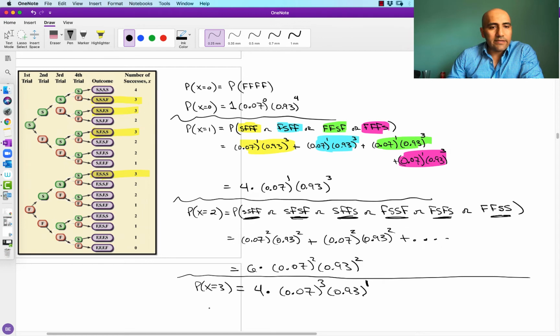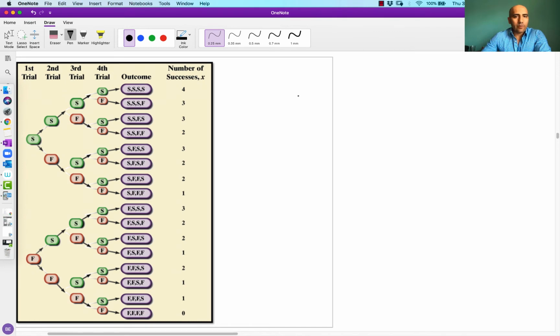And then finally, the last one is the probability that x equals 4, which is equal to 1 times 0.07 to the power of 4 successes, which means that you would have 0 failures. Good. Okay, so let's combine all that into a probability distribution table for this scenario. In this case, n equals 4, so there are 4 independent trials.